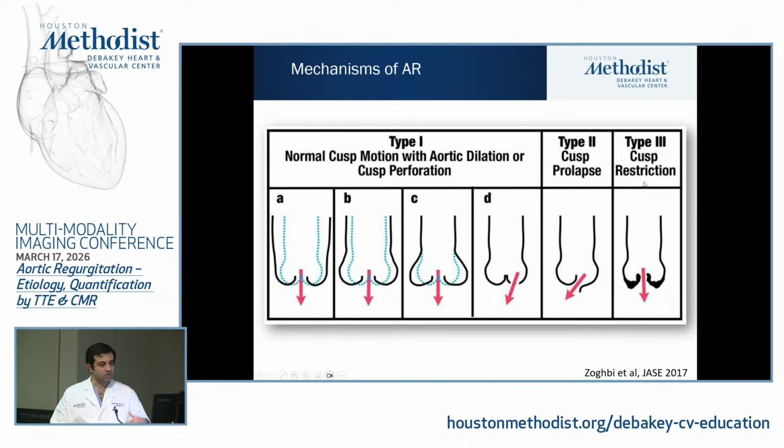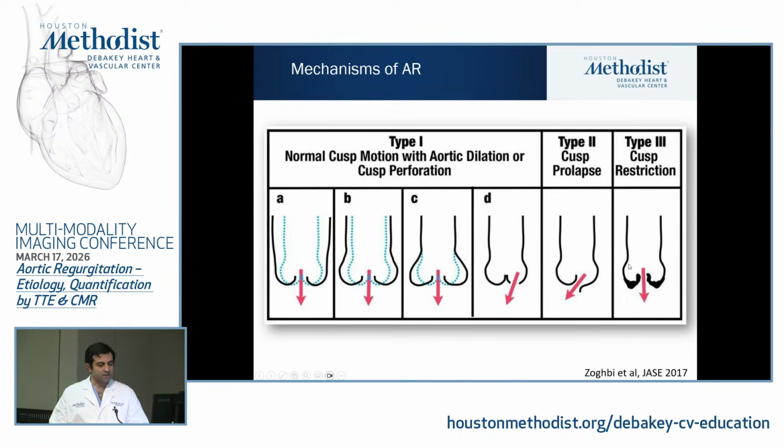And then type 3 we're seeing more and more of. These are now the older patients in their 60s and 70s. They can have degenerative valve disease and calcification, maybe in combination with aortic stenosis or prior exposures. And these patients are the predominant type that's now being evaluated for transcatheter intervention.